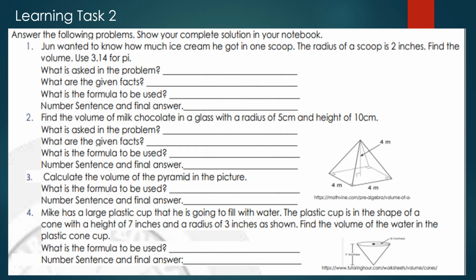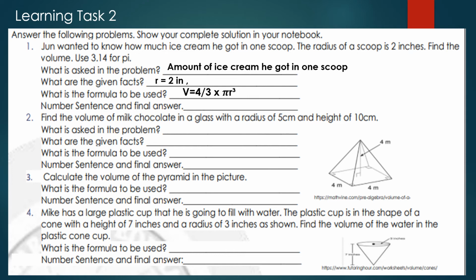Ngayon, let us answer the given question. What is asked in the problem? Amount of ice cream he got in one scoop. Ilan ang volume nung ice cream in one scoop? What are the given facts? Yung radius na 2 inches. What is the formula to be used? Yung formula in finding the volume of a sphere.